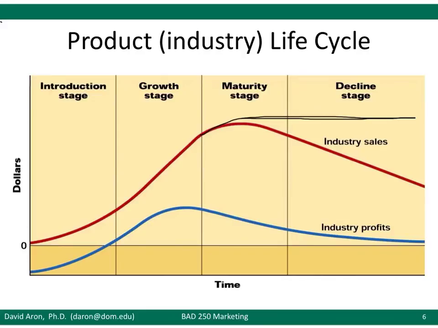Another big variable in the product life cycle that's hard to predict is really the importance of technology. There are some products that might be at the growth stage, maybe the maturity stage, today with no decline in sight, and all of a sudden technology comes over and knocks them off their feet. Again, I hate to keep using old examples, but film for cameras, cassette tapes, things like that, at least in my lifetime I've seen replace something.